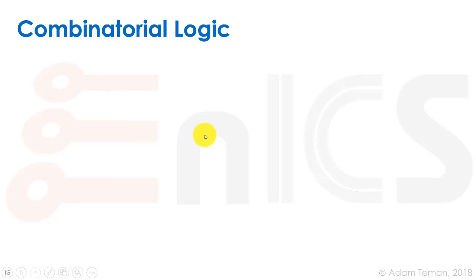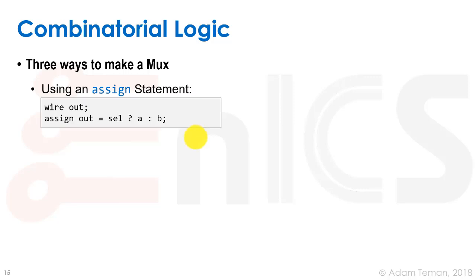So combinational logic. We have three different ways, or there's probably more than that, to write a mux, but let's just show them to you as examples. We can start with an assign statement. In an assign statement, we declare somewhere up above a wire called out. And then as we saw before, we can use this ternary operator. We say assign, then the name of the wire, out, equals the name of the selector, which is also probably a wire.